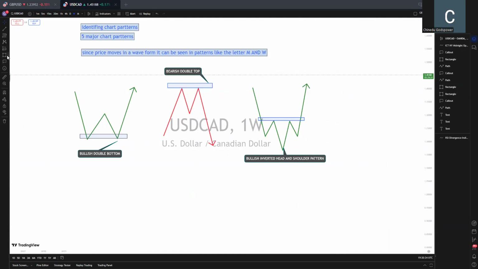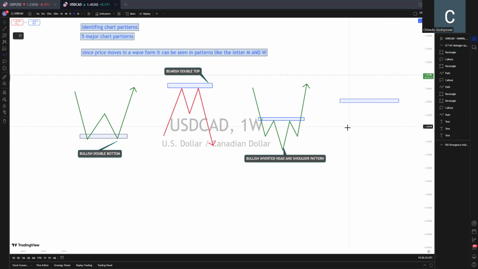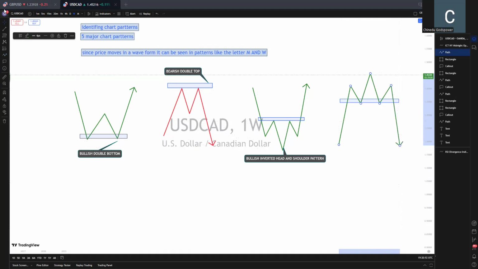Now we're going to do the bearish, using our pen again. We're going to have a run that goes up, a run that is higher, and an equal run too, and then a run down.